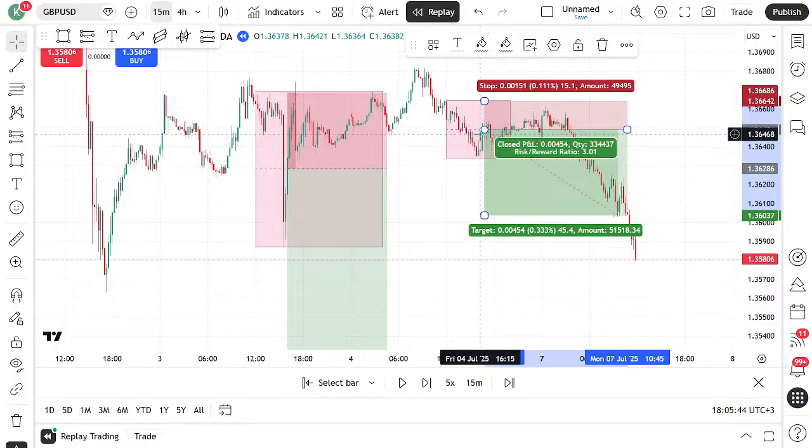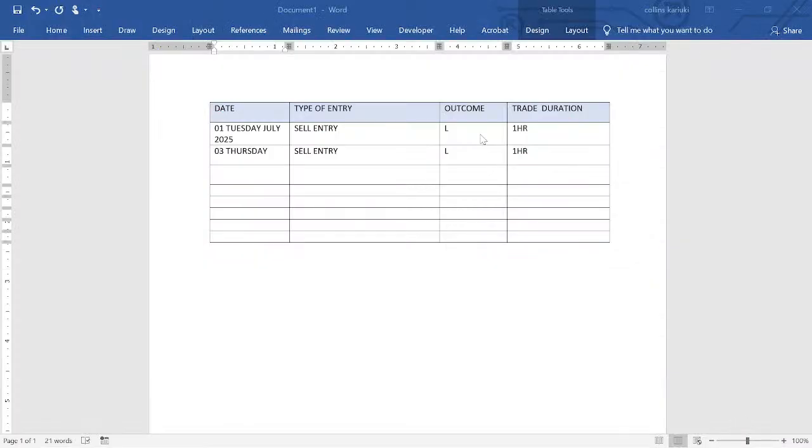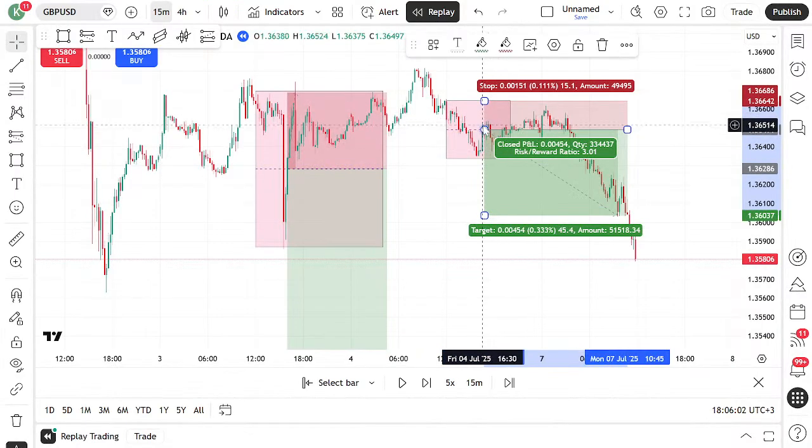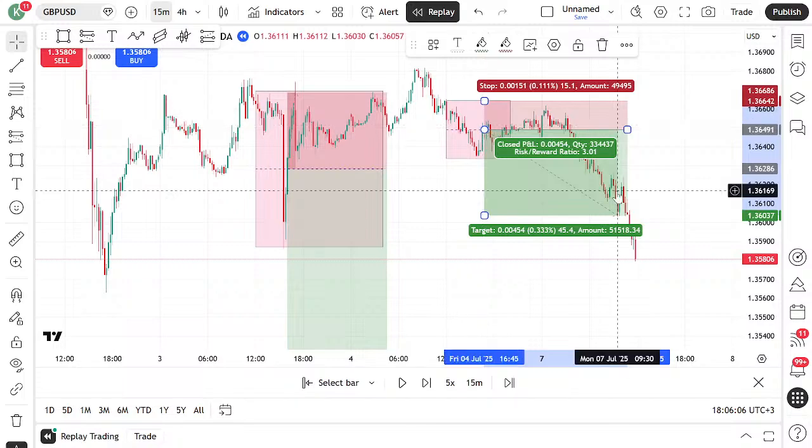So let's log this. This is Friday. We had a sell entry. Result was a win, and we held the trade from Friday, and it closed on Monday 9.